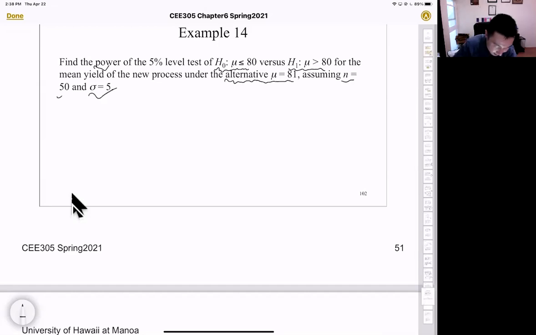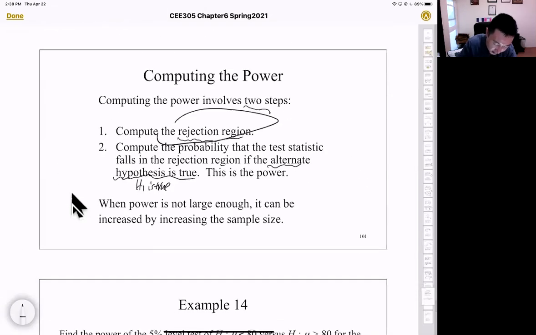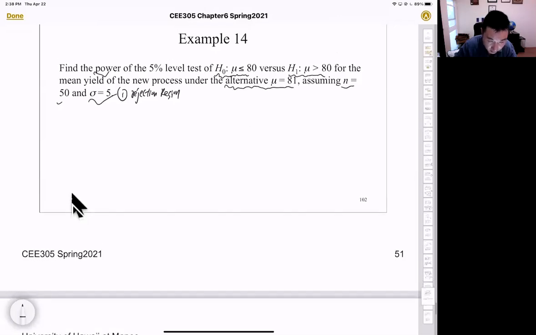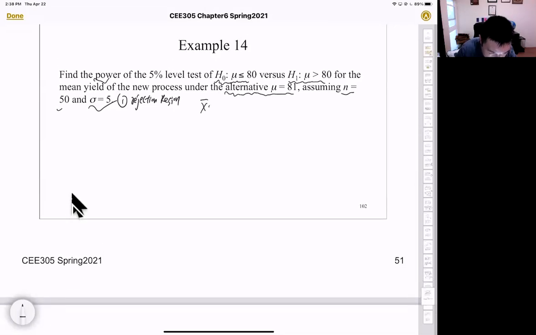The first step is to get the rejection region. That part is easy. Under the null hypothesis, X will follow a normal distribution with a mean value of 80 and a variance of sigma squared over n, where 5 is the sigma and 50 is the sample size.